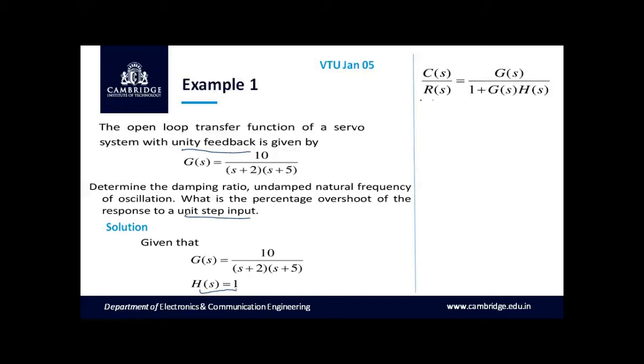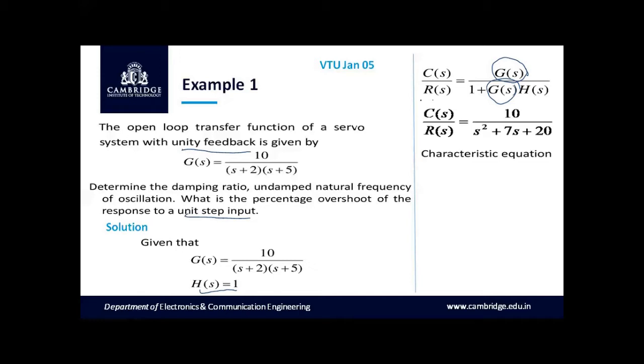So now let me calculate the closed loop transfer function C of s by R of s is equal to G of s divided by 1 plus G of s into H of s. So in this case G of s is given to you directly, so let us substitute for G of s here. And after substitution and simplification, we can obtain the closed loop transfer function as 10 by s square plus 7s plus 20.